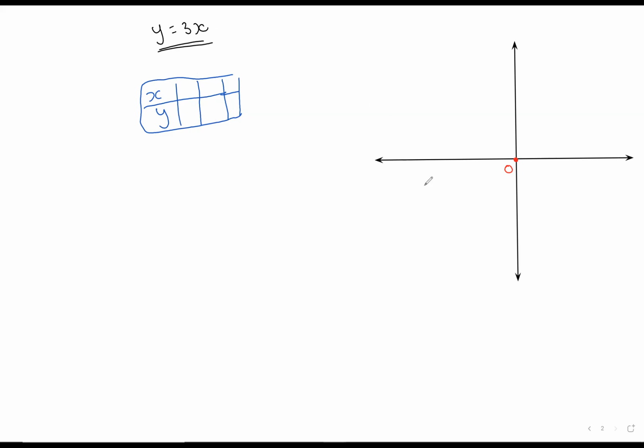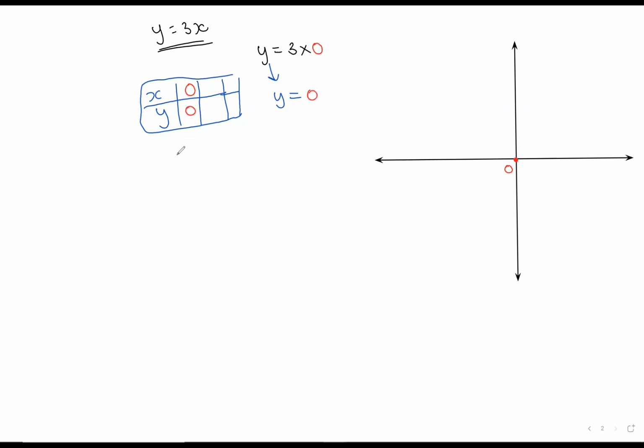So let's have y is equal to 3 times, we're taking x as 0. So that is 3 times 0. So what does y become? 0. Yes, y becomes 0.